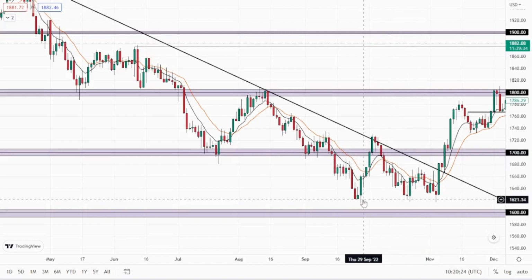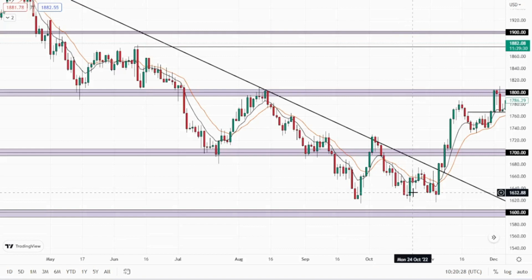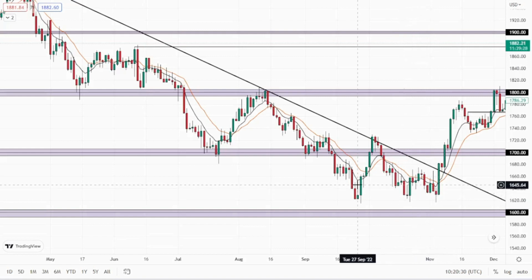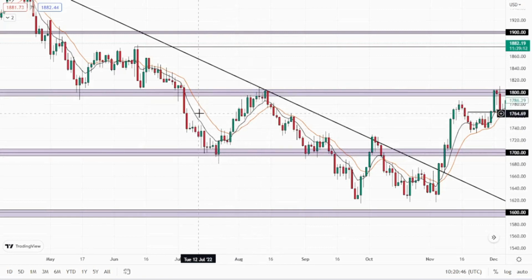Found support here and began projecting upwards. Here is an example of price finding resistance as a ceiling. So resistance and support can be interpreted as a floor and a ceiling.